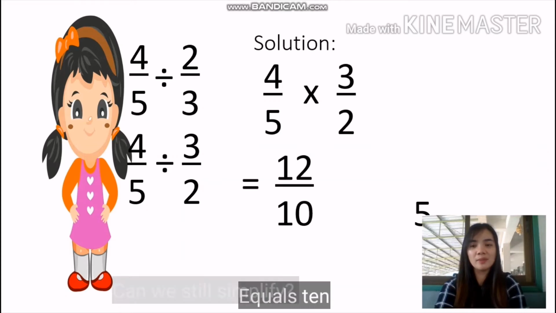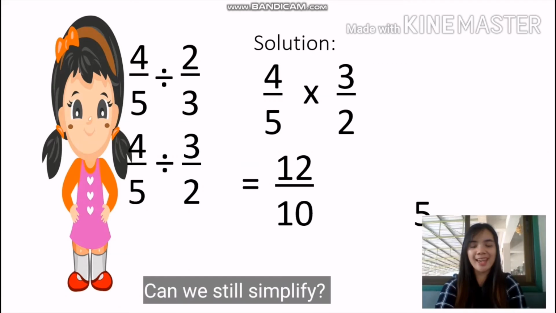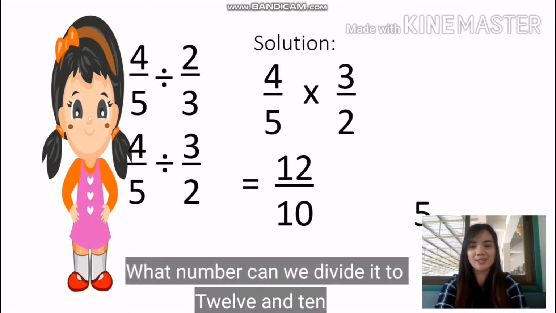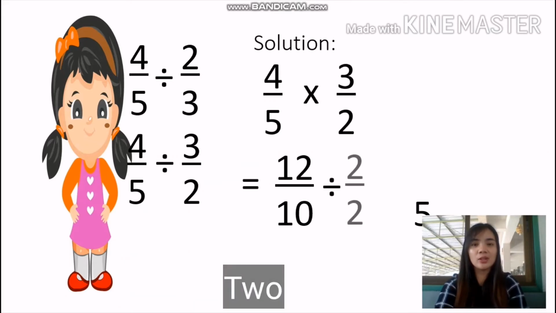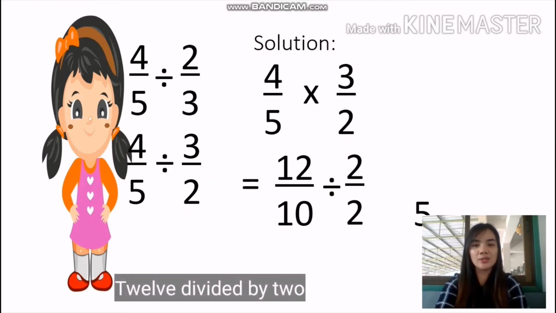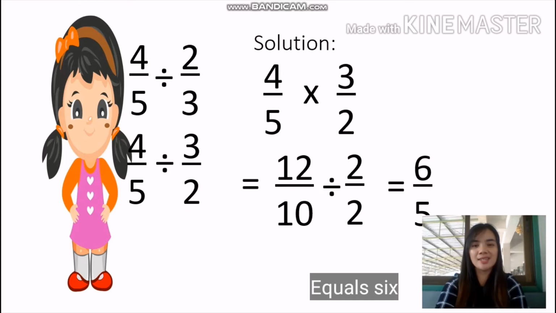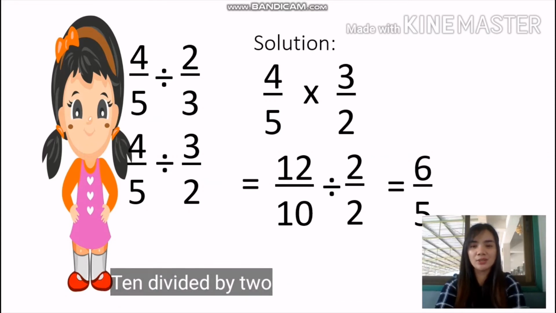Can we still simplify this answer? Yes. What number can we divide 12 and 10 by? It is divided by 2. Very good. So 12 divided by 2 is equal to 6. Then 10 divided by 2 is equal to 5.